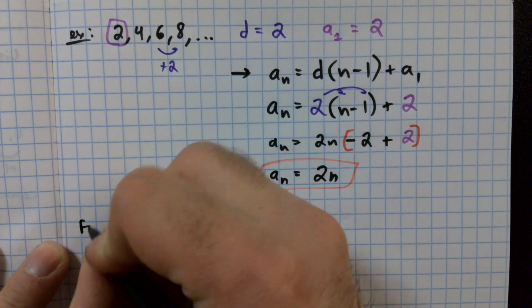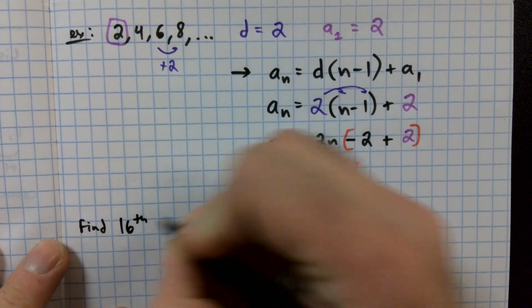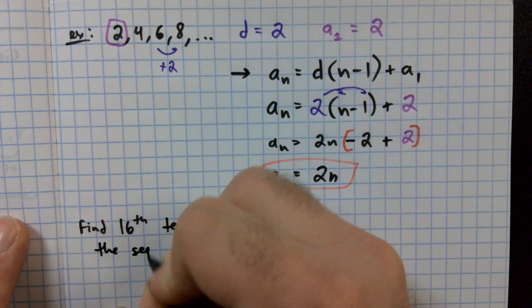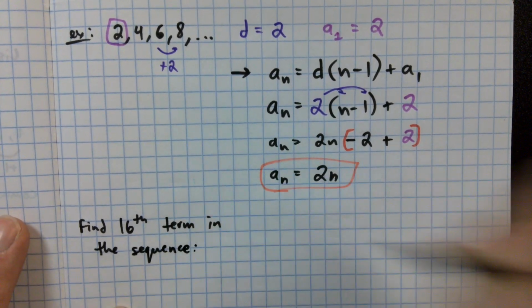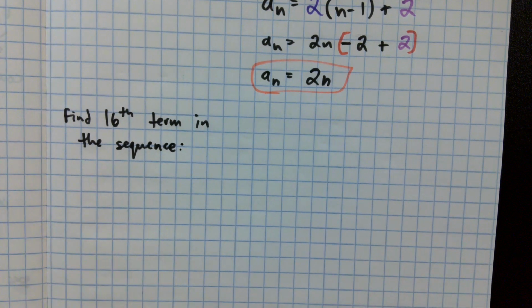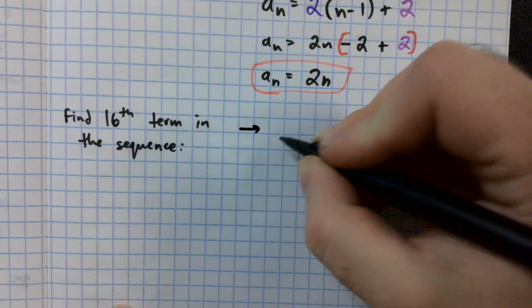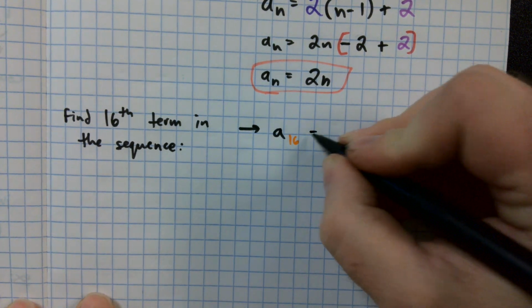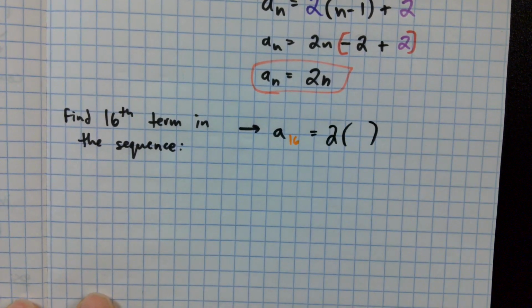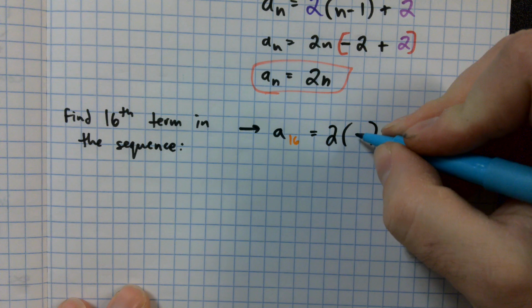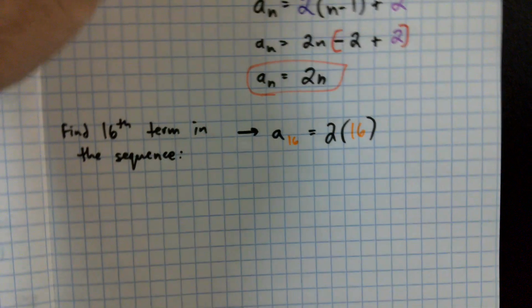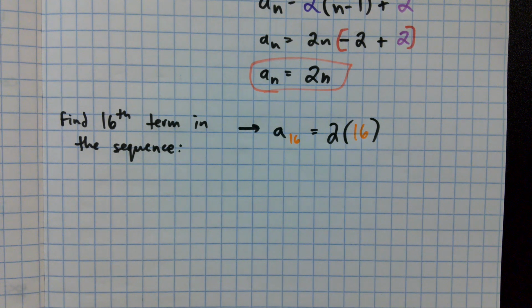Right? Let's say I was going to find the 16th term in the sequence. Well, a sub 16 is equal to 2 times 16. We just plug that number in for n, essentially.